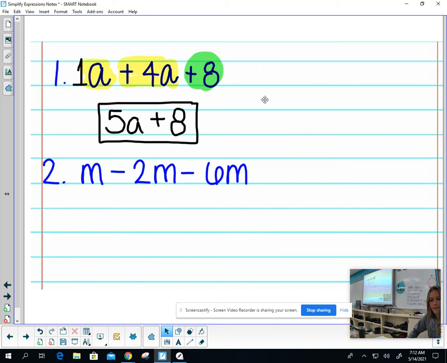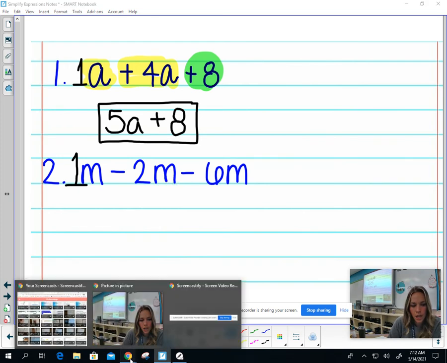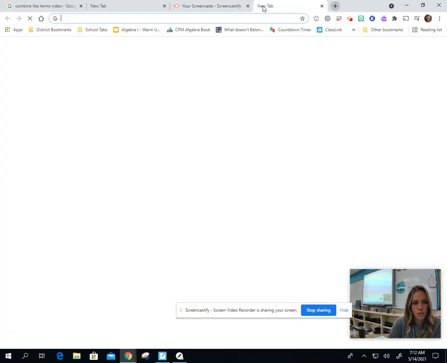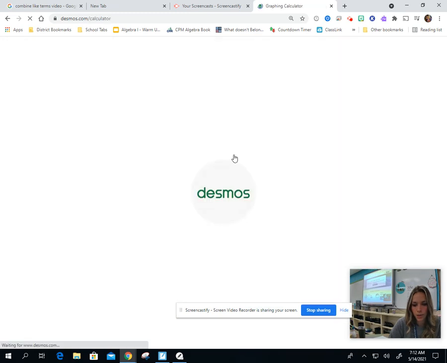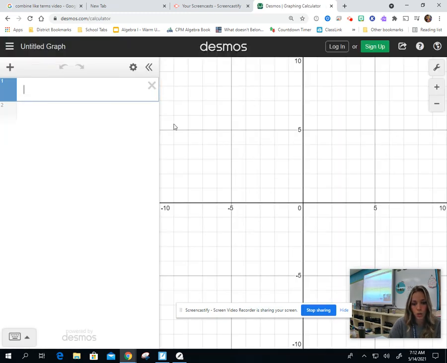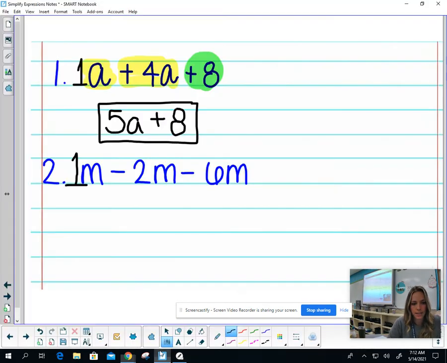Here I have m minus 2m minus 6m. They're all m's, so we have to put them all together. We want to simplify these. I have to think to myself, well, this is really saying 1m, 1 minus 2 minus 6. If you're not comfortable with doing that in your head, use a calculator or go to Desmos. Desmos is going to be an amazing calculator that you get to use on your state assessment, so you can absolutely use that in this class.